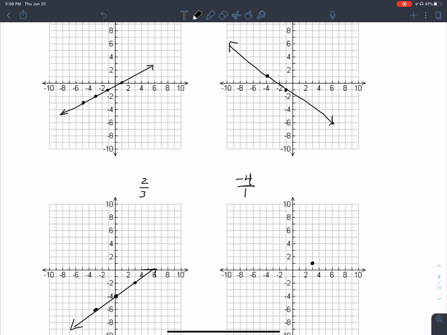I'm going to go down 4, right 1. So remember, we're going to fall before we crawl. And I'm always going to go right when I run. Okay. So I went down 4, right 1. Then I'm going to go opposite, up 4, 1, 2, 3, 4, and left 1. Okay? All right, so that's graphing.